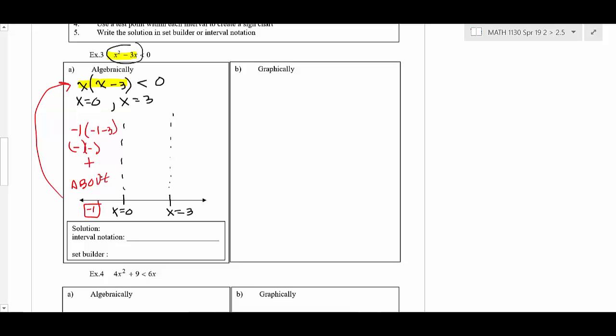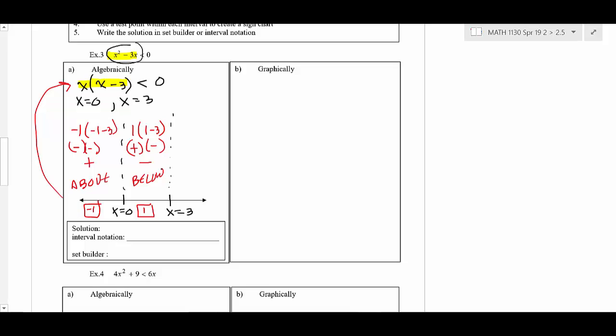Next, a test point between 0 and 3. Take your pick. I'm going to choose 1. Plug it in. You'll have 1 times 1 minus 3. Is that negative or positive? You can do the whole thing in your head. That's a positive 1 times a negative 2, so that's a negative. So you're below the x-axis.